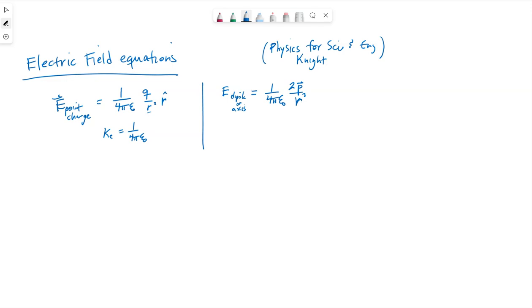And then E for a dipole that's perpendicular to the axis. This equation, 1 over 4 pi epsilon naught p over R cubed.